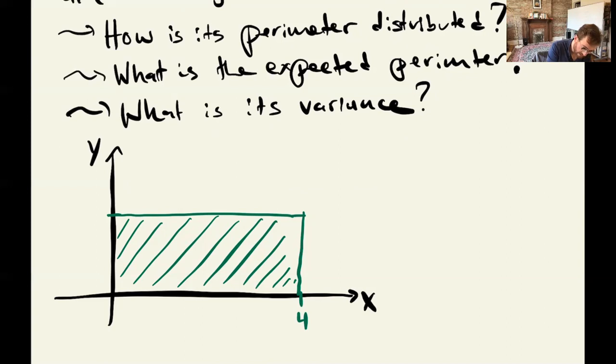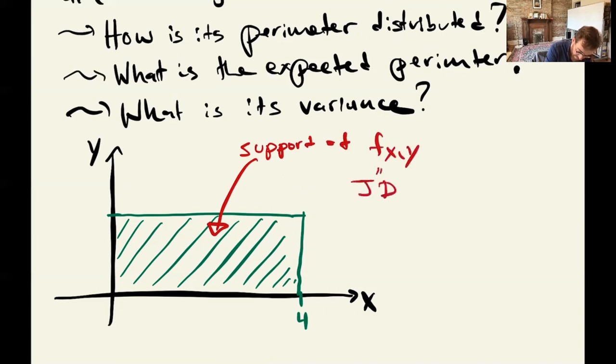Well, first, let me label some things real quick. So this right here is sometimes called the support of f of x, y. And this is, again, my joint density function.